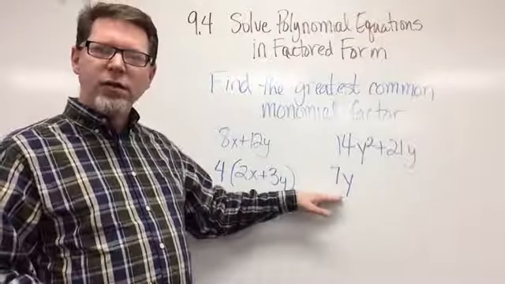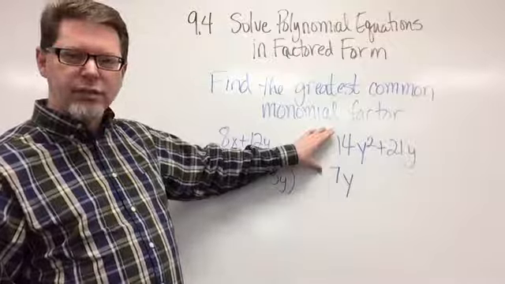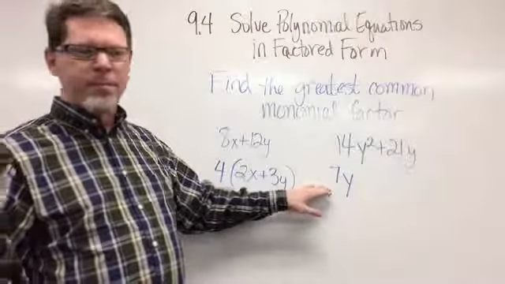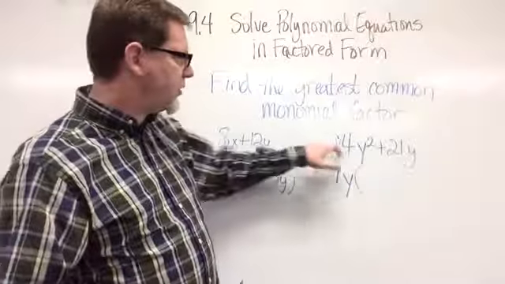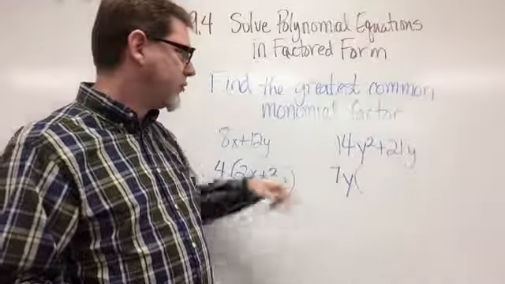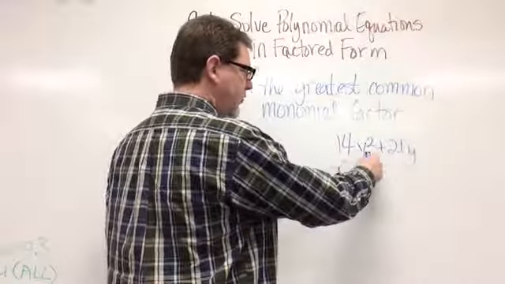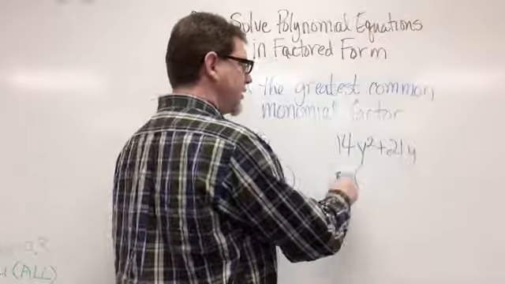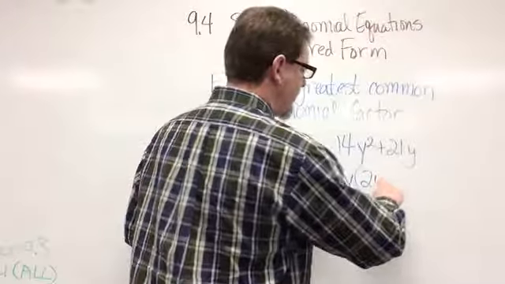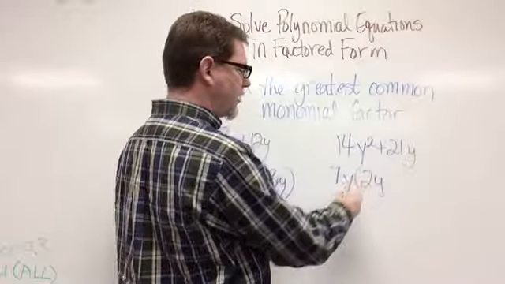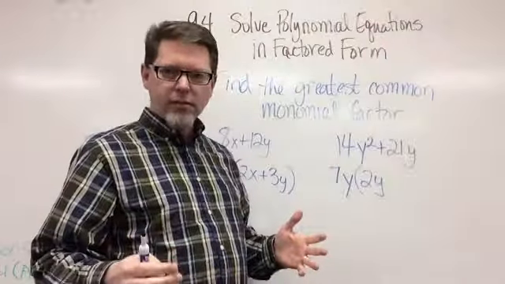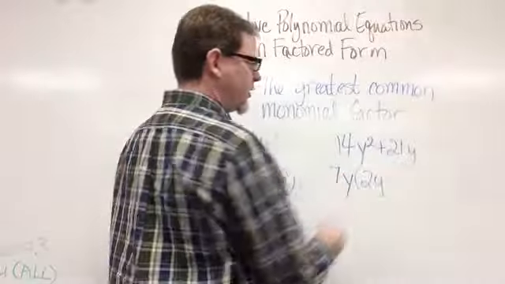So my greatest monomial factor of this binomial is 7y. So I'm going to divide both terms by 7y. So 14y squared divided by 7y is 2y, because 14 divided by 7 is 2, and y squared divided by y, same base, subtract the exponents, 2 minus 1 is 1, so it's just 2y.